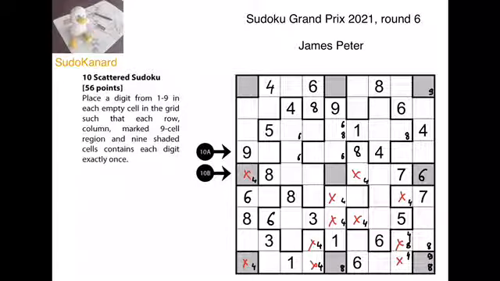No, there might be something, but I'm not seeing it. Or is there?